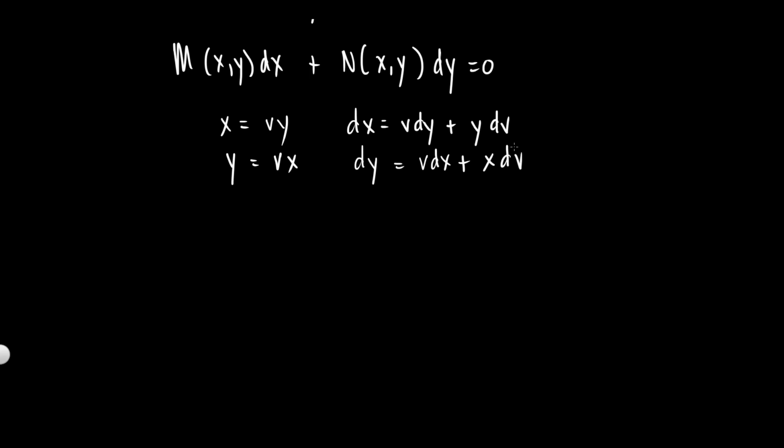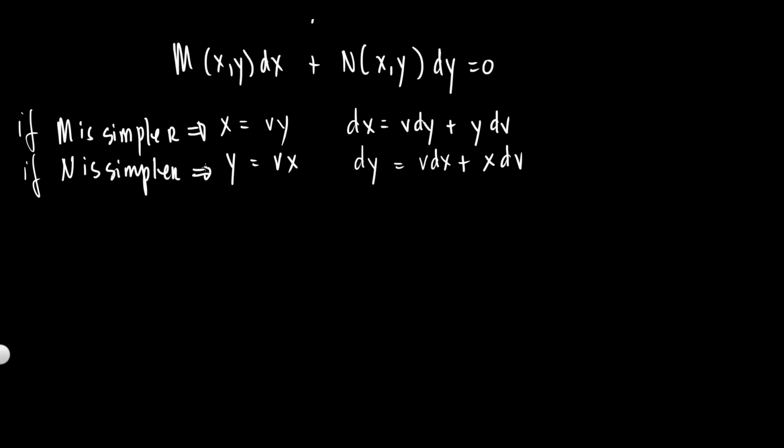I repeat now. If M is simpler than N, use x equals vy. Differentiating, we have dx equals v dy plus y dv, product rule. And if N is simpler, use y equals vx.